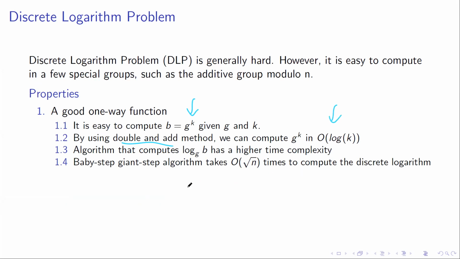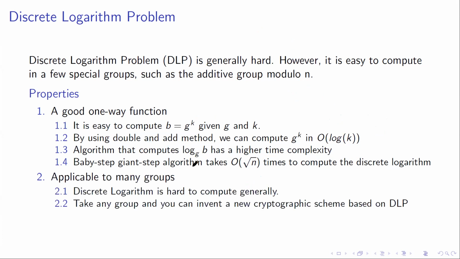But if you want to compute the inverse, it takes a higher time complexity. For example, the baby-step giant-step algorithm takes square root of m steps to solve the discrete logarithm problem. So if this K is something like 2 to the power of some large number, the forward computation will take this many steps, and the inverse will take that many steps. It's a good one-way function because it's easy to compute one way and hard to compute the other. It's also applicable to many groups.